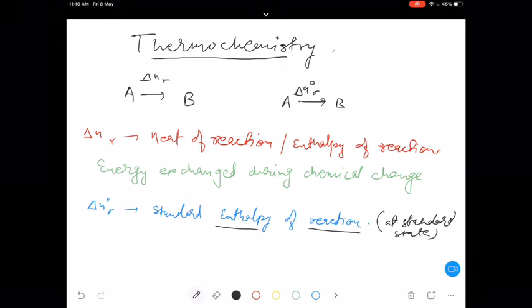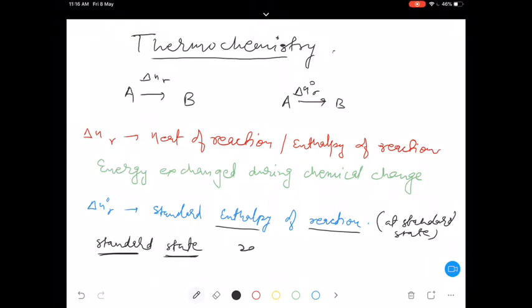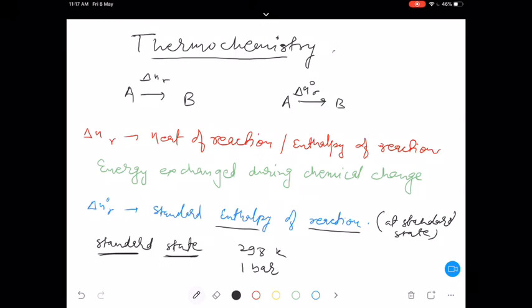Now what is standard state? When we use this particular term, standard state, for physical dimensions we call 298 Kelvin and 1 bar pressure. That will be called the standard state.